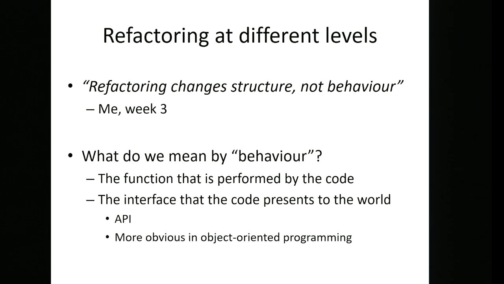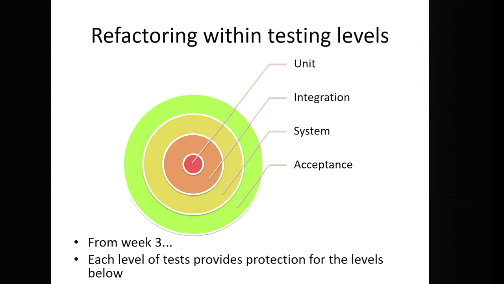And if you remember again from week 3, we talked about the fact that we could actually change some of these behaviours, so long as we only did it in a very targeted manner. We talked about how each level of tests provides protection for the levels below.